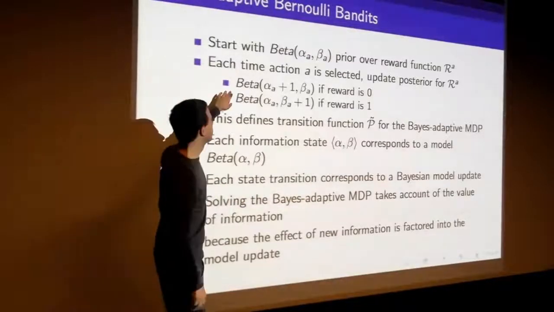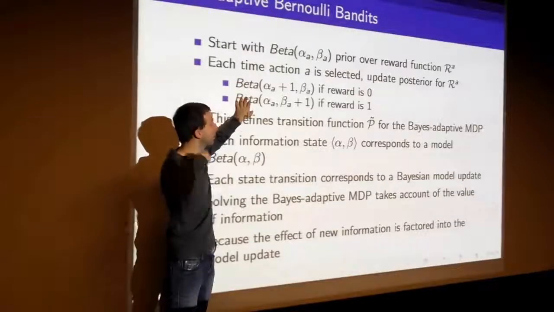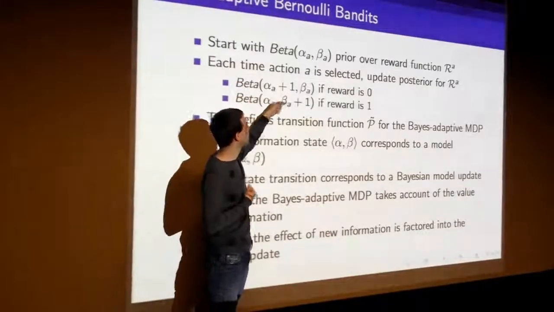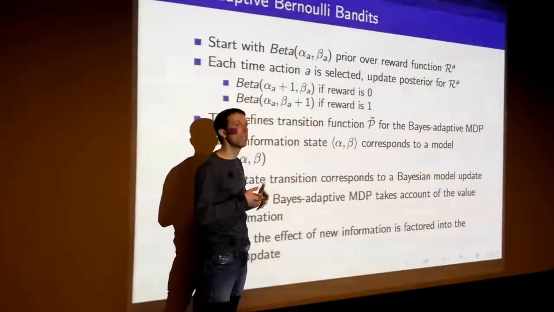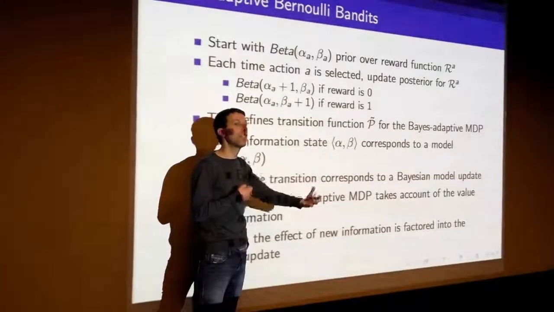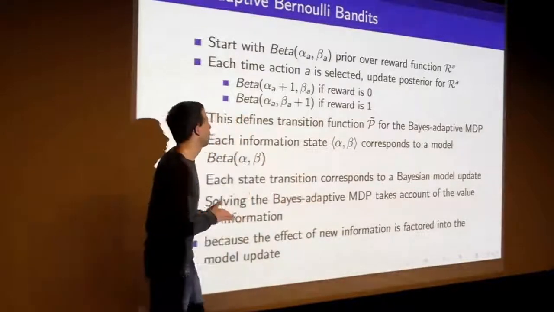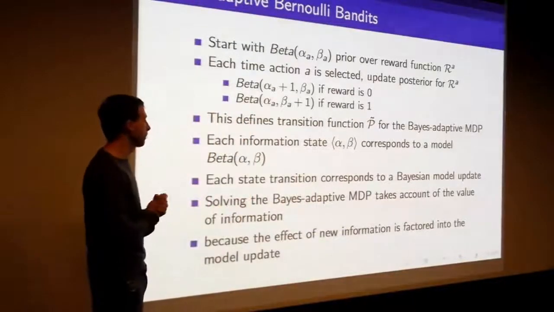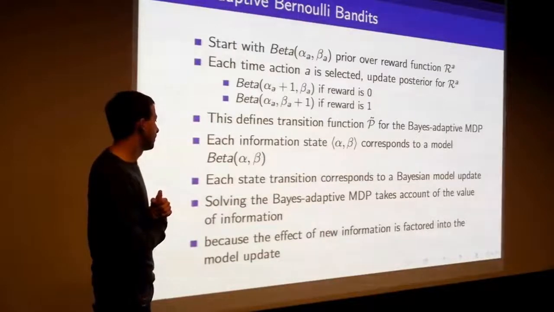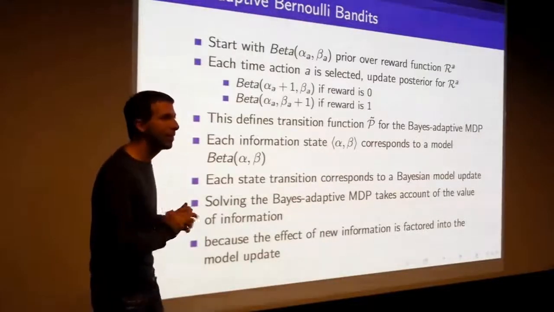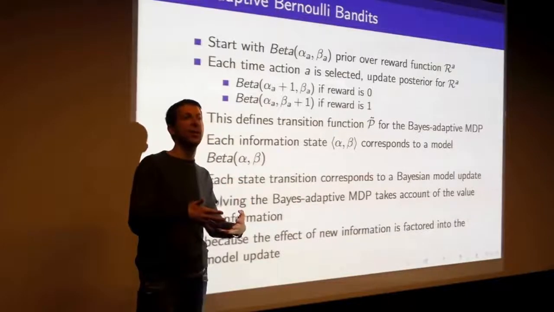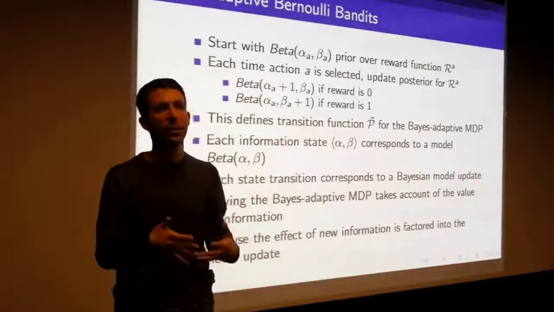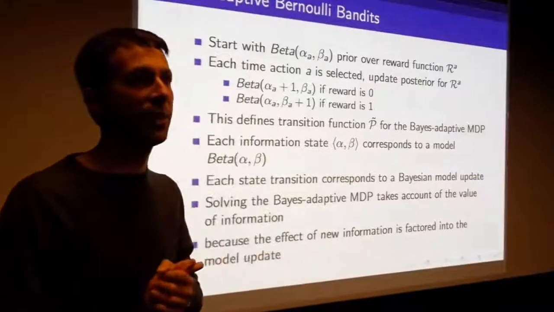Just by writing down the fact that if we succeed, we'll increase our success count by 1, we've defined the transition dynamics of our MDP. And we solve for that MDP. Okay, so this is the Bayes adaptive approach. It's a way to, with a lot of computation, get the optimal solution to the exploration exploitation dilemma.